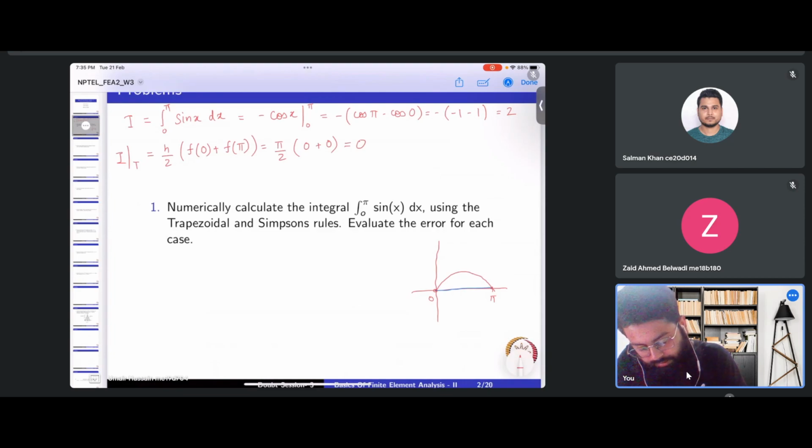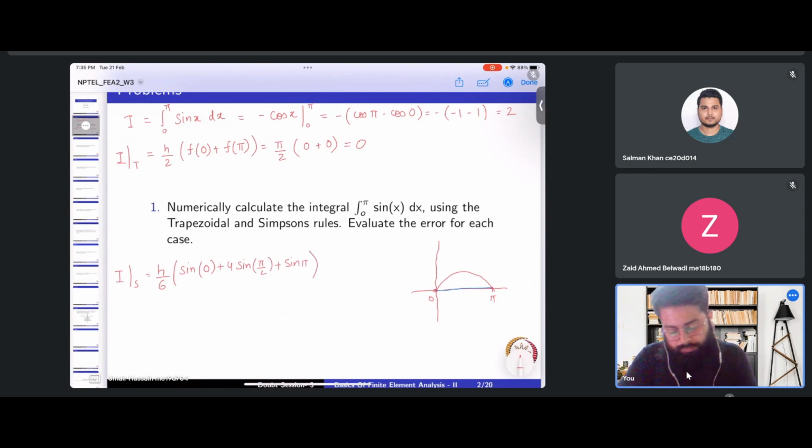Next we can use Simpson's rule. Can someone tell me the formula? h by 6 times sine 0 plus 4 times sine pi by 2 plus sine pi.